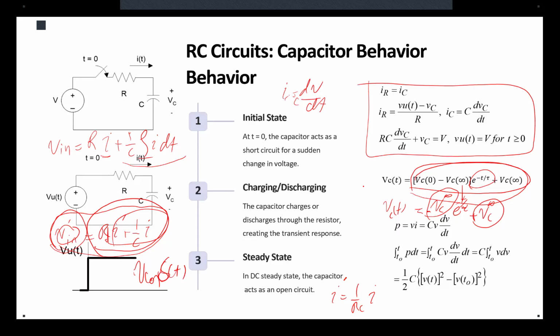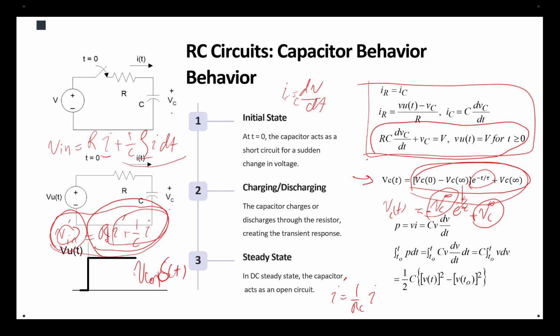This is the solution for this differential equation. Now, in our specific case, we consider that we have a step function that changes from 0 to 1 in time. So our final voltage, the value of the voltage at time infinity, is going to be 1, and our initial voltage at time 0 is going to be 0.